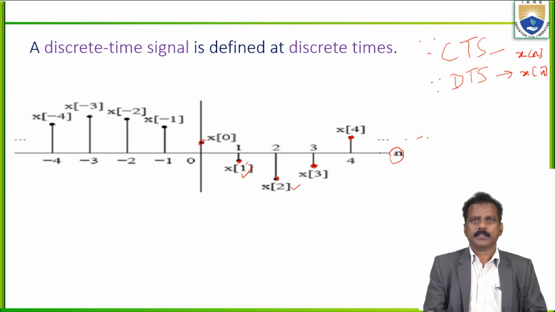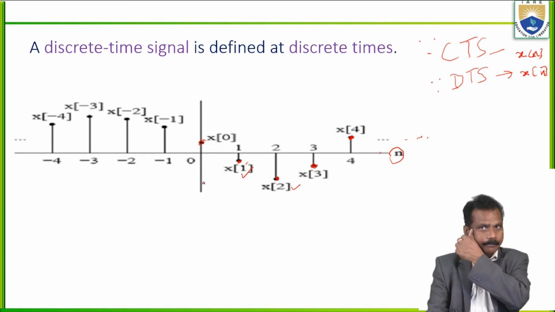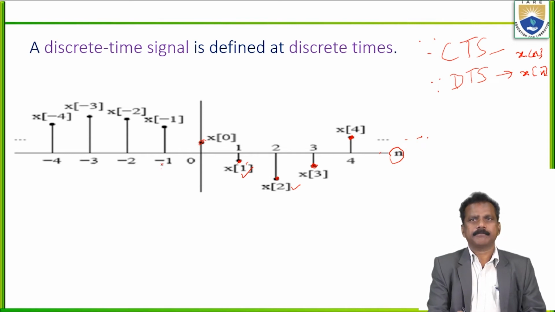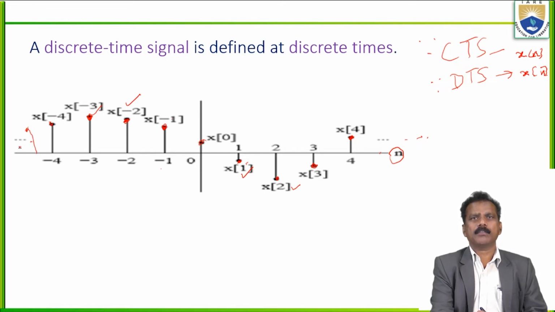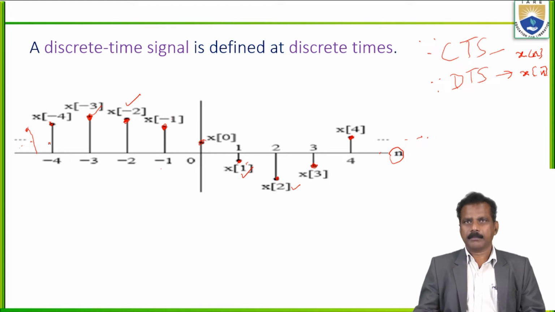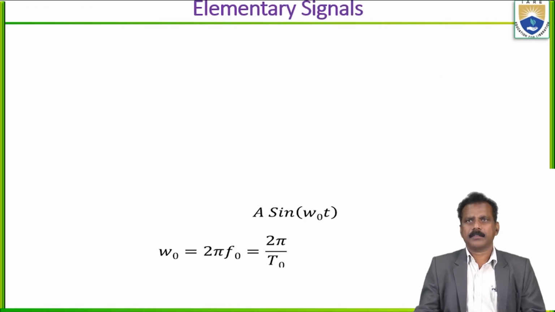On this side 0, minus 1, here x of minus 1, here x of minus 2, here it is x of minus 3, x of minus 4, x of minus 5, and so on. So we will represent this discrete time signal, which is defined at discrete times.